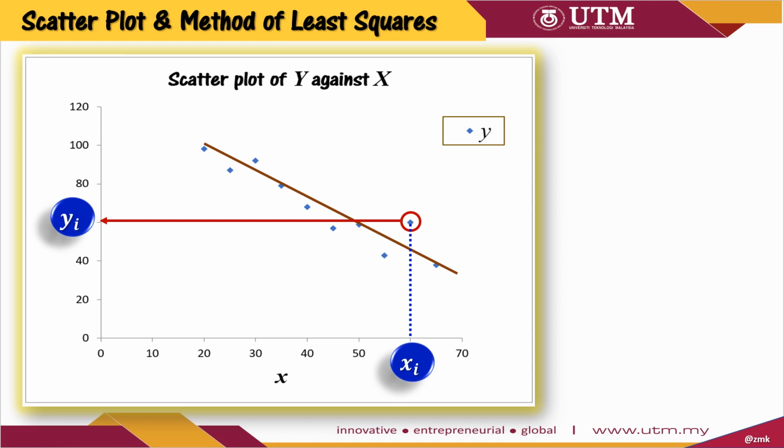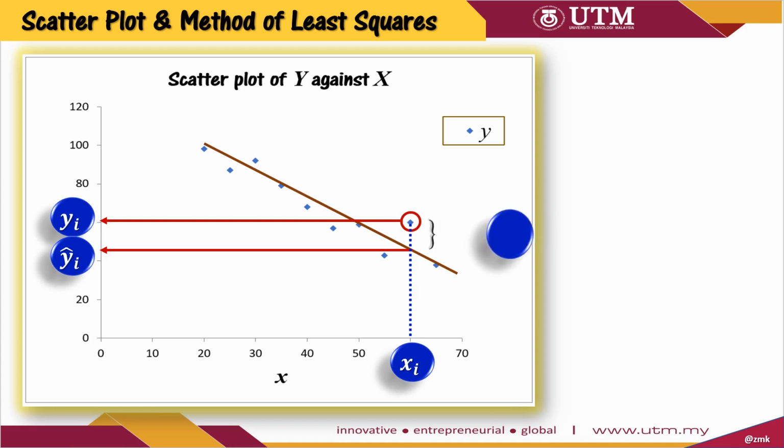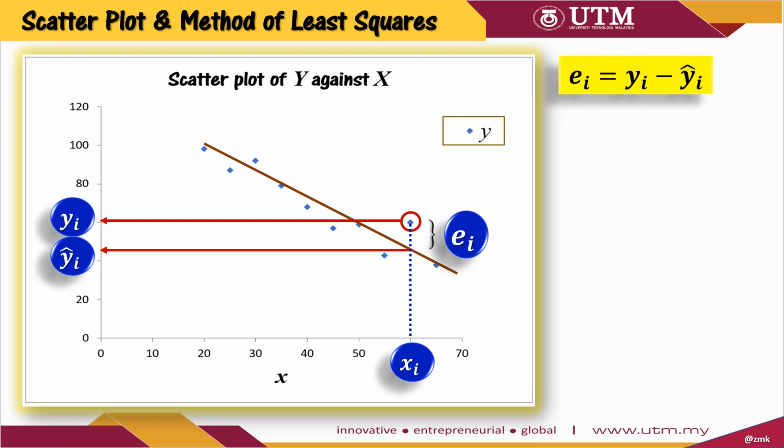At the same xi value, you also have the estimated yi value on the straight line. The difference between yi and y hat i is the ith error, or residual, denoted by ei for this sample data.